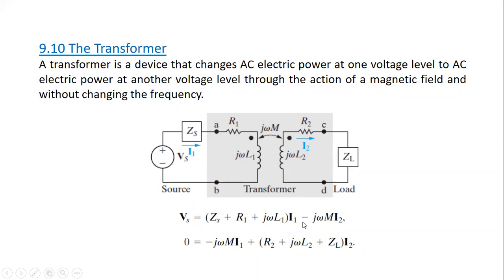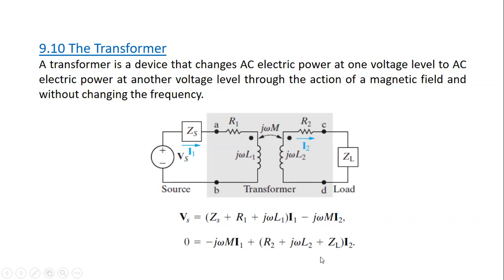So we can write KVL for these two loops. Writing KVL for these two loops is the same as the previous example, with one exception: you need to take into account the mutual coupling. The mutual coupling here is J omega M multiplied by the other current for the first loop.